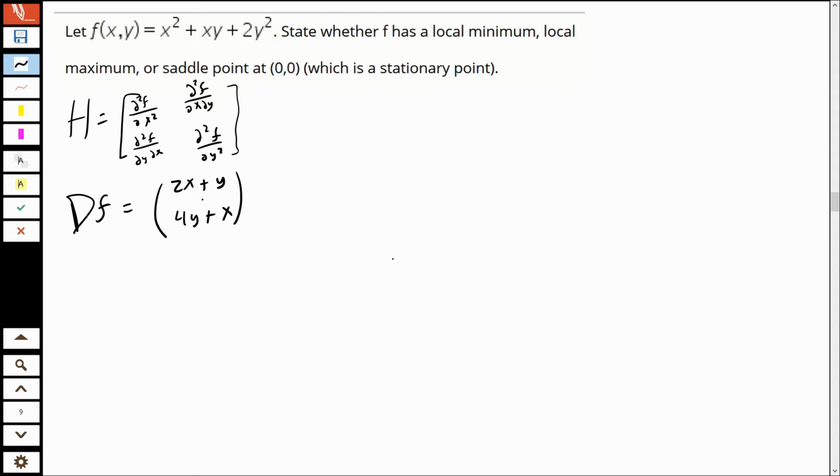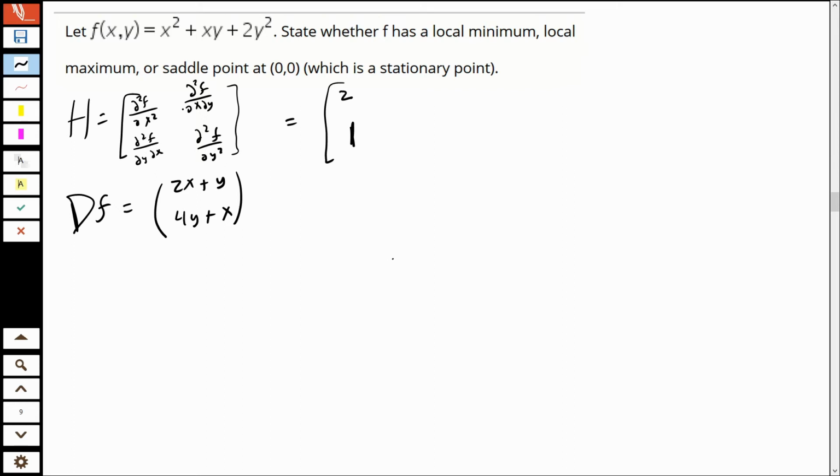Notice real quick, I can't plug in (0, 0) first, because then it would be a constant, and I can't take the derivative of that. So I need to take the derivatives first. The second derivative with respect to x, the derivative of the first component with respect to x, is just 2, since y is a constant. Then the derivative of this with respect to y gives me 1.